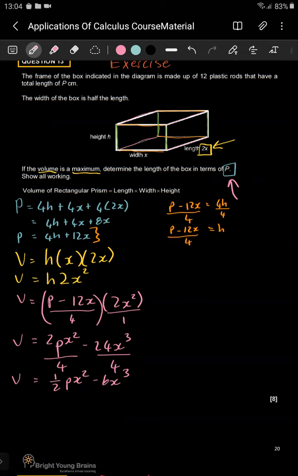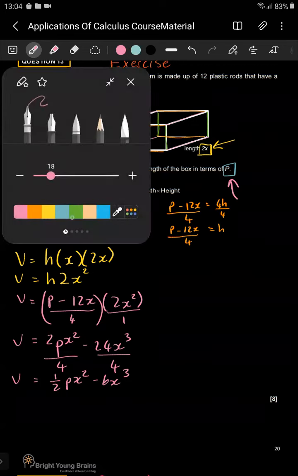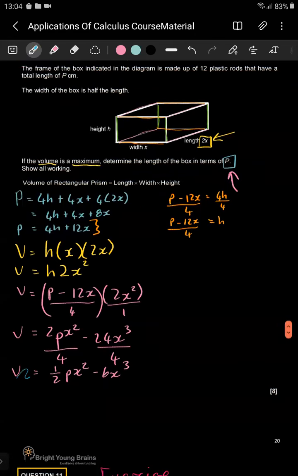Now, they said if the volume is a maximum, determine the length of the box in terms of P. The key thing to remember is that if the volume is a maximum, you may want to work with the first derivative of this equation in terms of x.